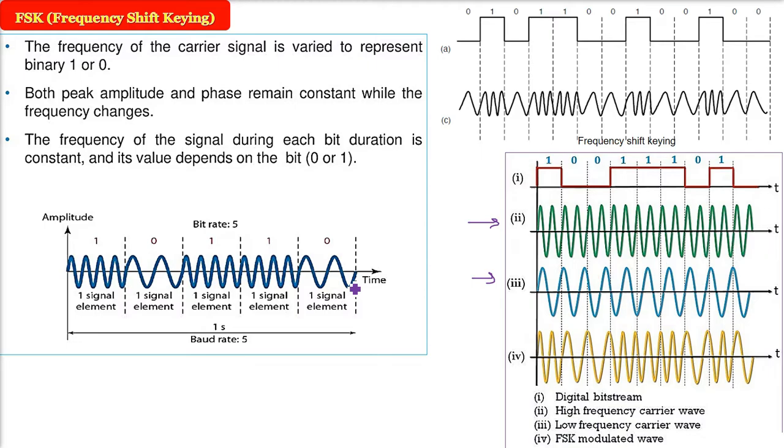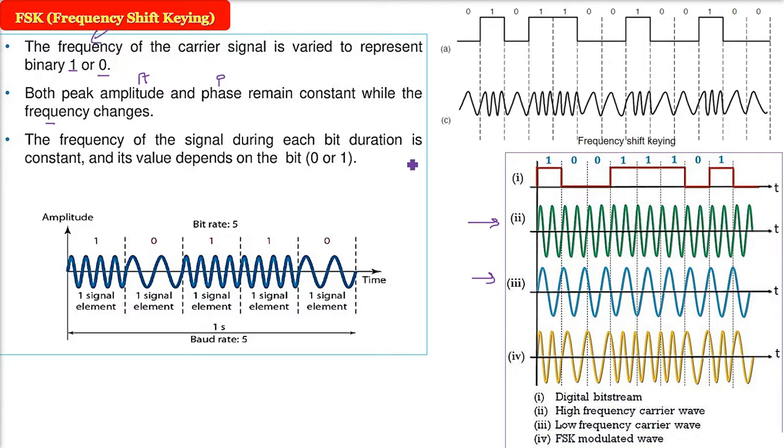One frequency will show 1, a different frequency will show 0. Both peak amplitude and phase will remain constant. We are talking only about frequency changes here. The frequency of the signal during each bit duration will be constant. It may represent a 0, it may represent a 1.